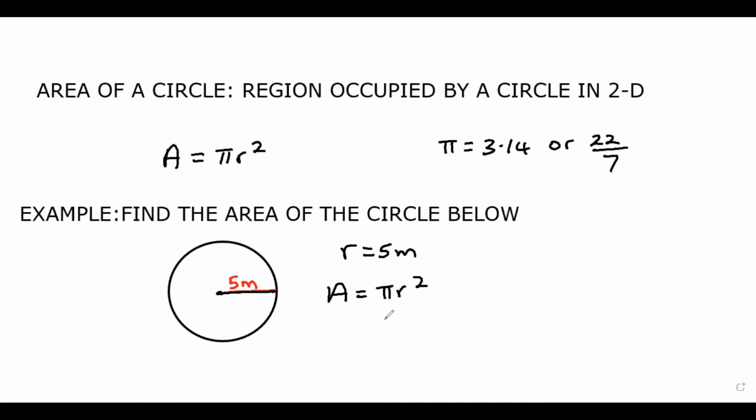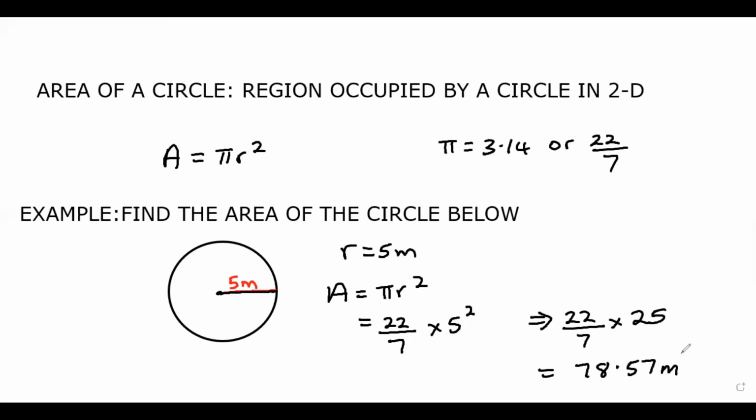So that would be 22/7 times 5 squared. Now we know that 5 squared is 25, so that's 22/7 times 25. If you put that in your calculator, you're going to get 78.57, and area is measured in squared units. So because it is meters here, it would be meters squared.